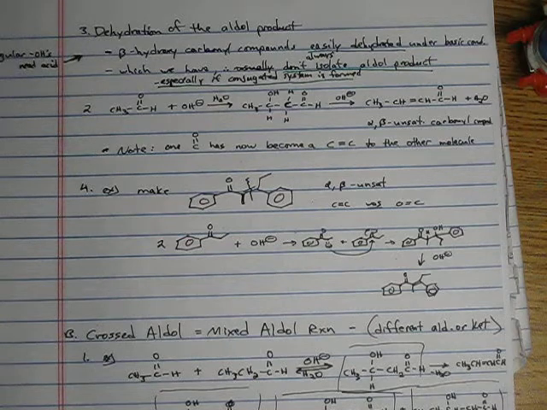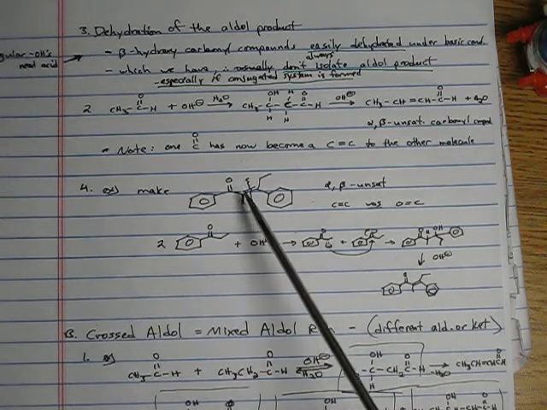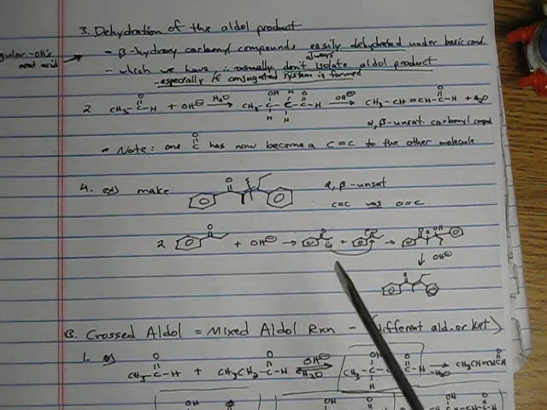But remember, alpha-beta unsaturated carbonyl compounds are fairly stable because you have conjugation: double bond, single bond, double bond. If you can add more conjugation, recall from earlier chapters, the more conjugation you have, the more stable the molecules are. So if you can have more conjugation, this dehydration product will just occur.